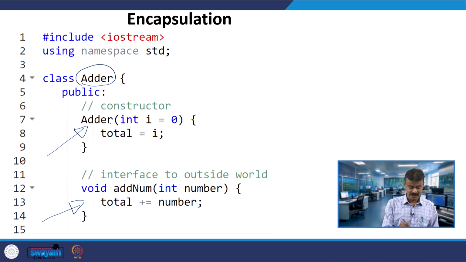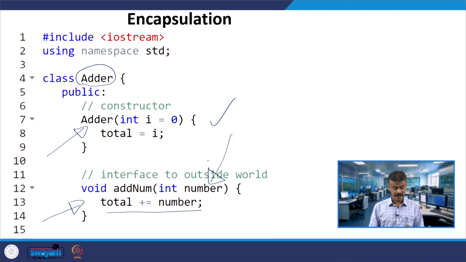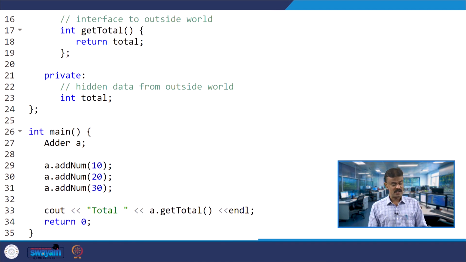So, one is a constructor and you have a member function add number. In it, total equals total plus number: you pass a number and it is added to the total. The next member function is int get total, which will return total.